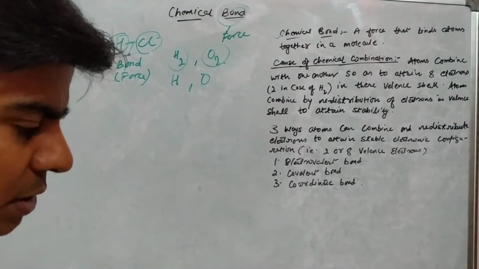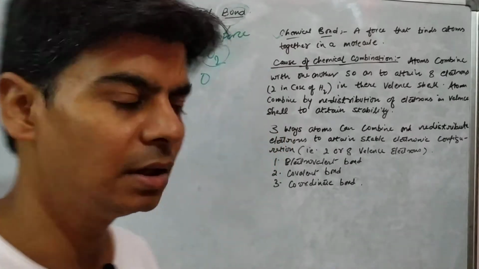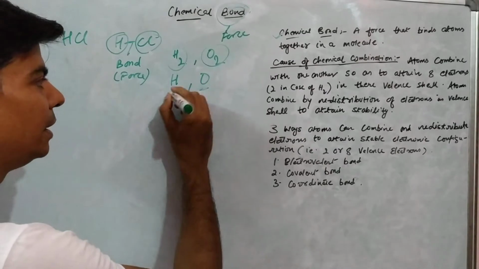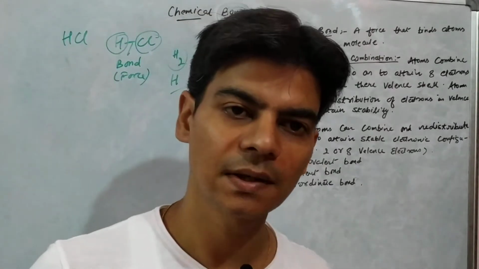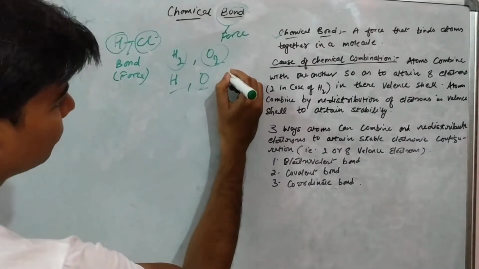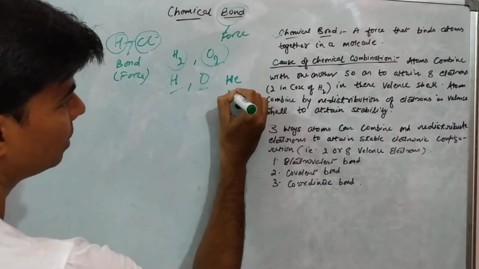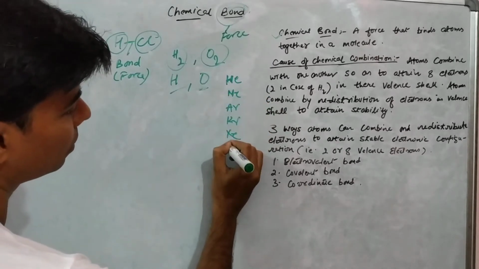Now let's look at some atoms that can exist independently in their monatomic state. We have already studied these in our previous class: helium, neon, argon, krypton, xenon, radon.